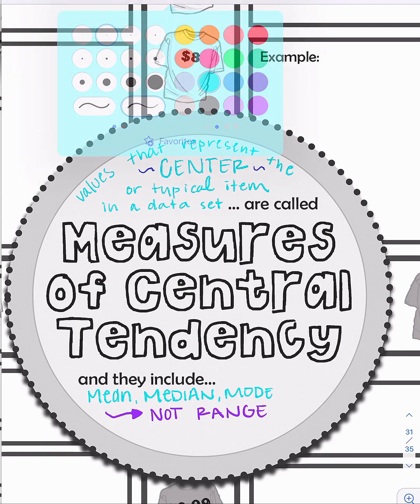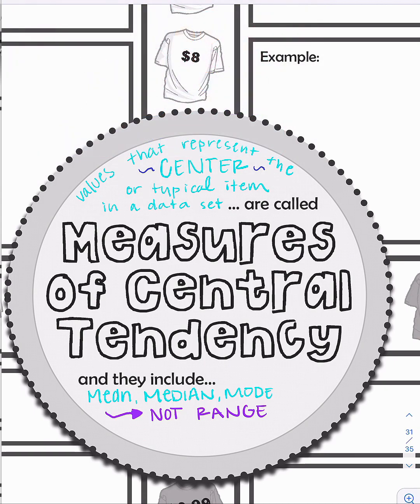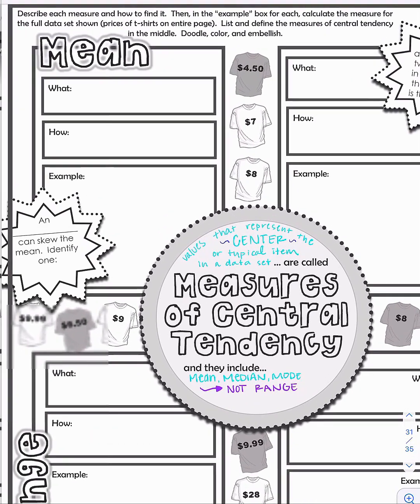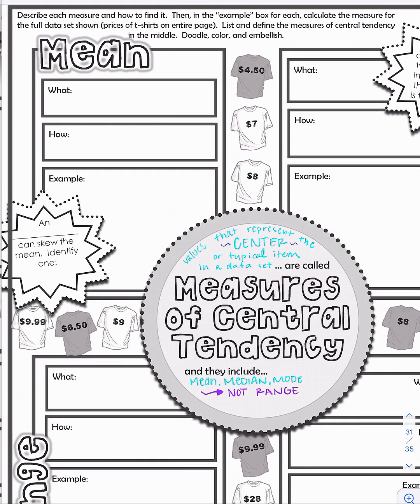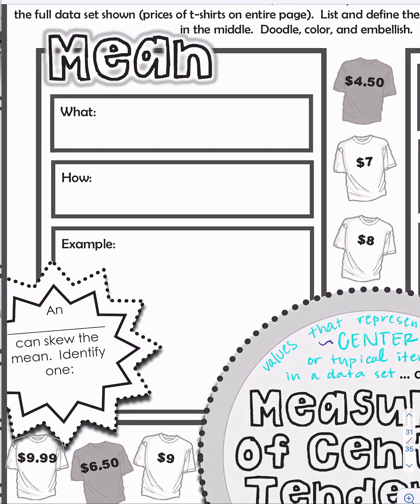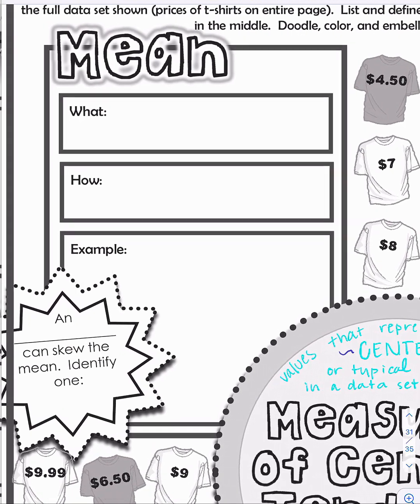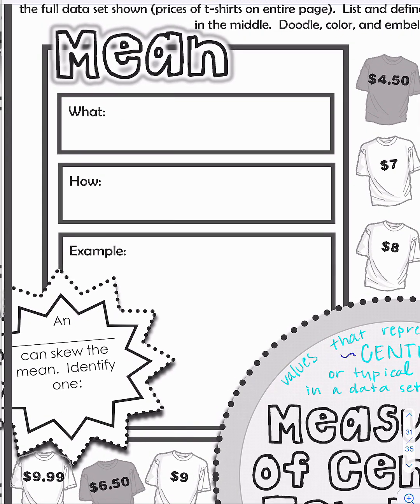All right, so let's go ahead. We're going to go up here, and we are just going to start with our upper left-hand corner, and we're going to talk about what the mean is. So I always remembered mean as it's the mean one. It's the hardest or the most work. I guess it's not really hard. It's just the most work because it takes a little bit more calculation to figure this one out. So when we talk about mean, we're finding the average.